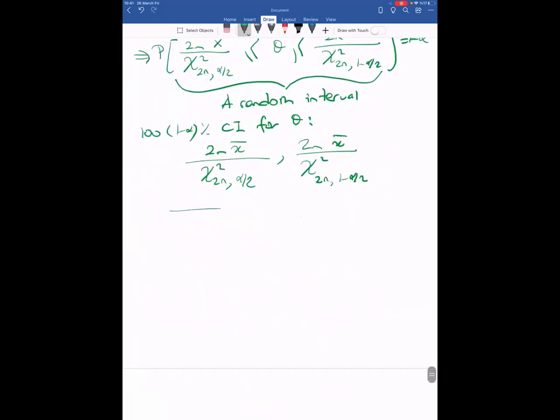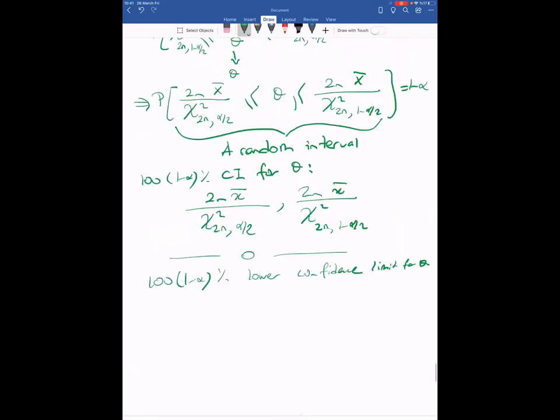Also, let's say you want to find a one-sided confidence interval. This is a kind of tricky one. So let's say the 100(1 minus alpha) percent lower confidence limit for theta. Actually, knowing this is easy because you can get the lower bound.